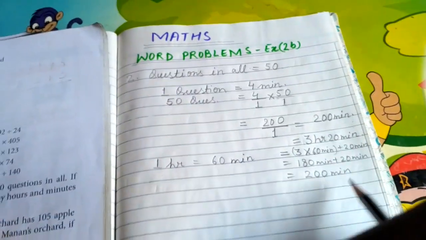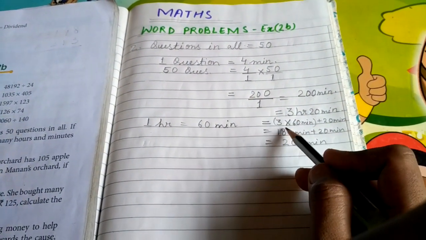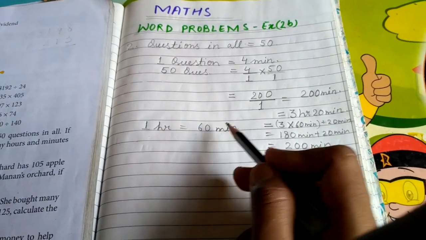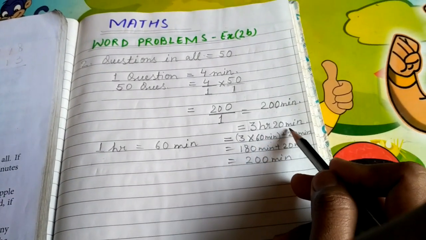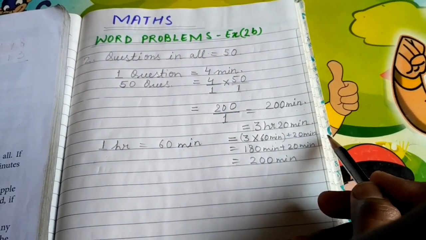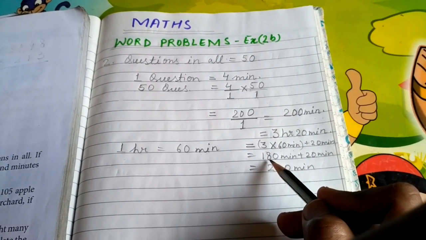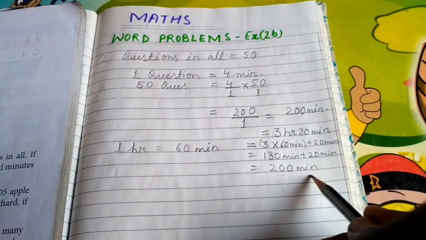Now this and this are equal. We can break this 3 hours 20 minutes like this. In 1 hour there are 60 minutes, so in 3 hours there will be 3 into 60 minutes plus this 20 minutes extra. This 20 minutes is as it is. So 3 into 60 gives 180 minutes, and plus 20, 200 minutes.